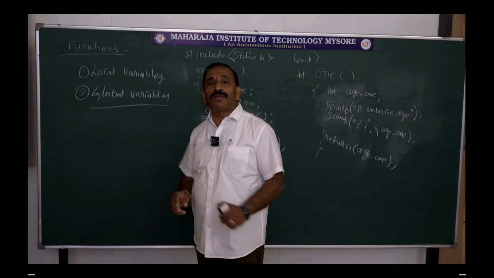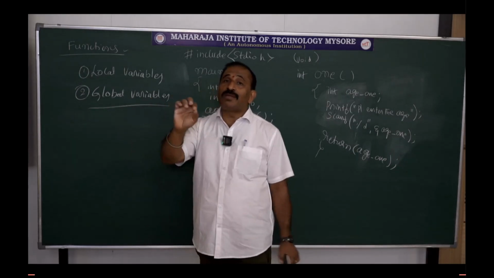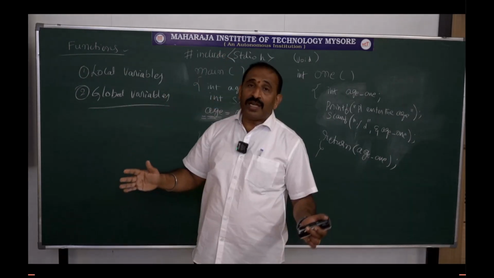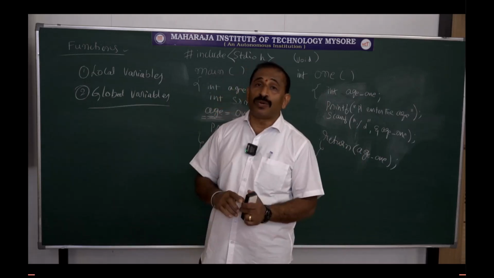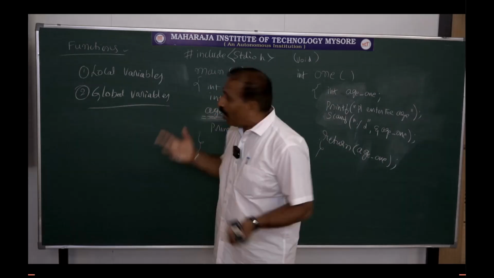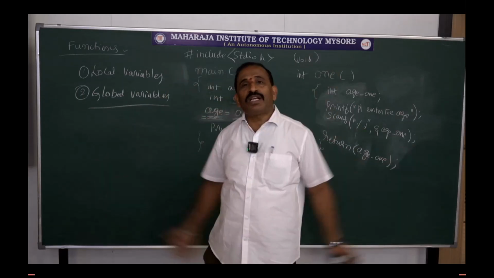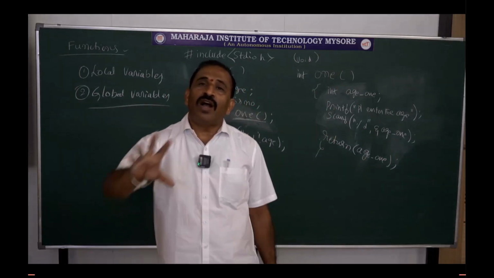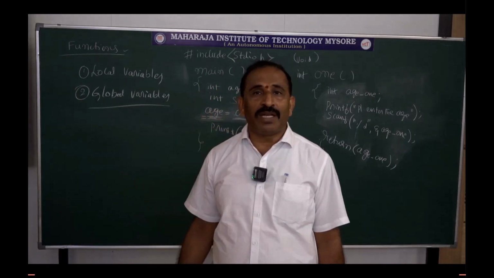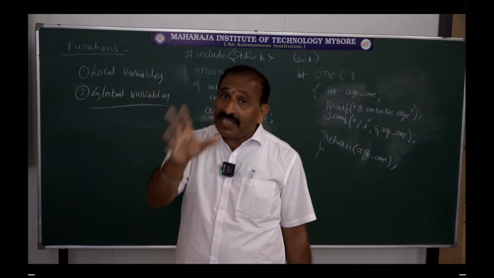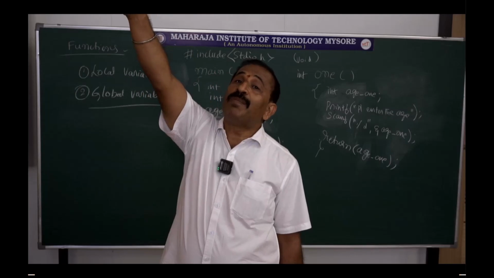What are global variables? Global variables are the variables which are there outside the function. Where to declare? Obviously you have to declare outside the function. Wherever you declare outside the function, they all become global variables. But not necessarily that they should be only in the beginning.